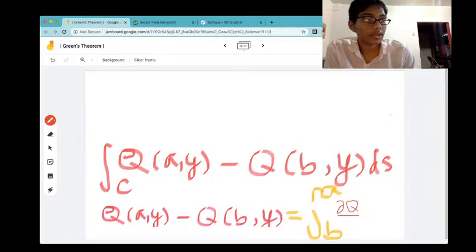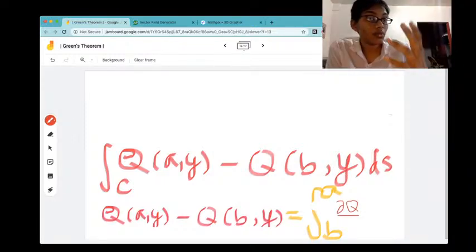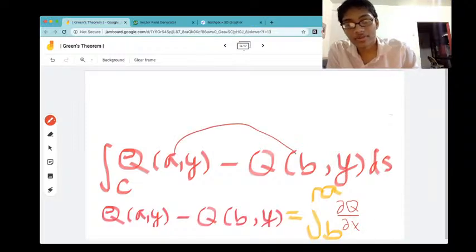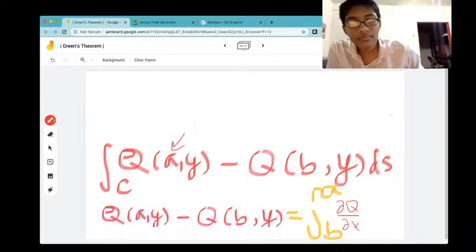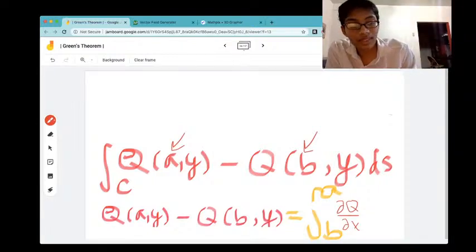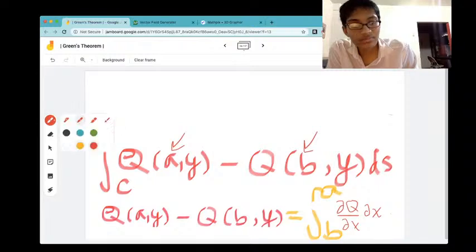Not partial y, you may be asking, right? Well, look what's changing. It's the x component, right? That's why we're taking the differential with respect to x. And then we're going to multiply that by what? Well, by a scalar value, partial x, right?